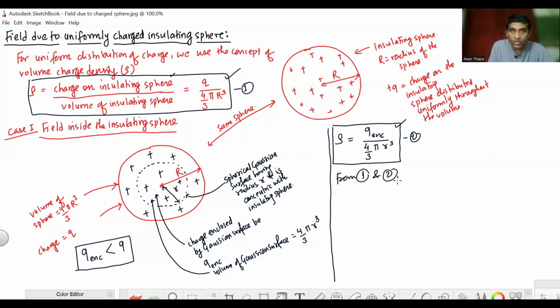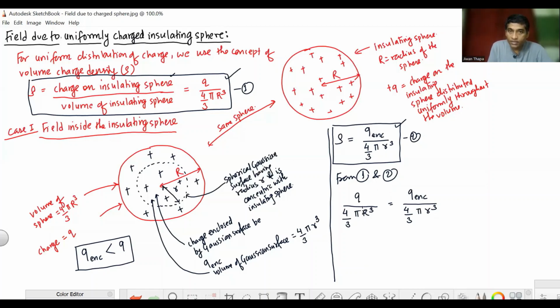From 1 and 2, Q divided by 4/3 pi capital R power 3 equals Q enclosed divided by 4/3 pi small r power 3.